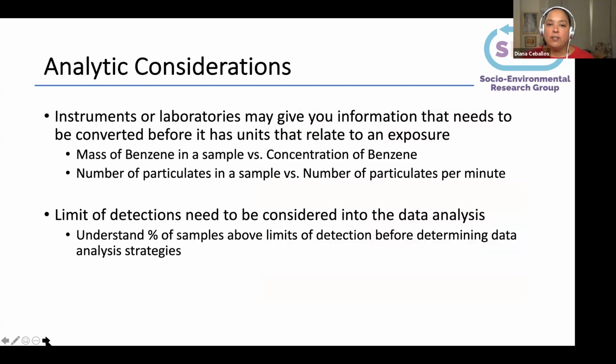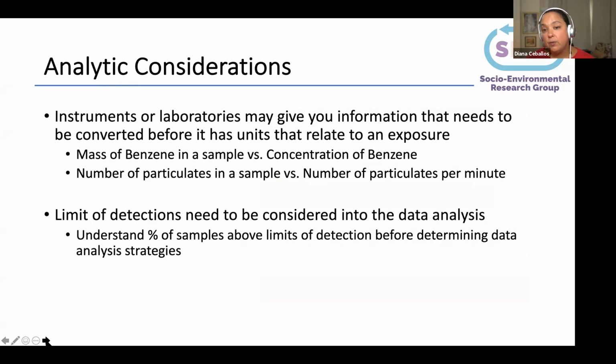Other analytical considerations are that instruments and laboratories may give you information that needs to be converted before it has units that relates to an exposure. And so, say, for example, you send these samples to the lab and you may get only mass of benzene per sample.